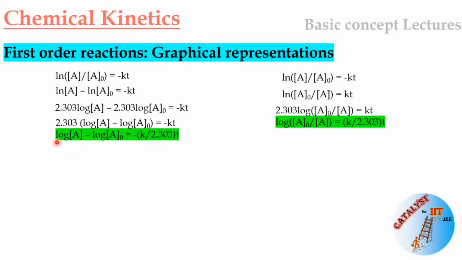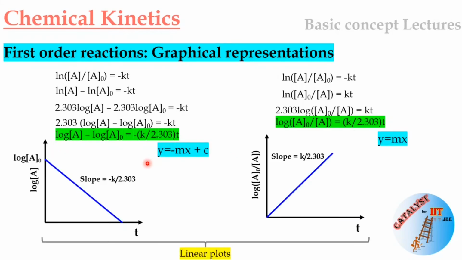Now similarly, as you have done in the case of ln, if you plot log A versus t, you get a similar type of equation, y equal to minus mx plus c, but this time the slope changes and becomes minus k by 2.303. In the case of ln, the slope was only minus k, but now the slope becomes minus k by 2.303.